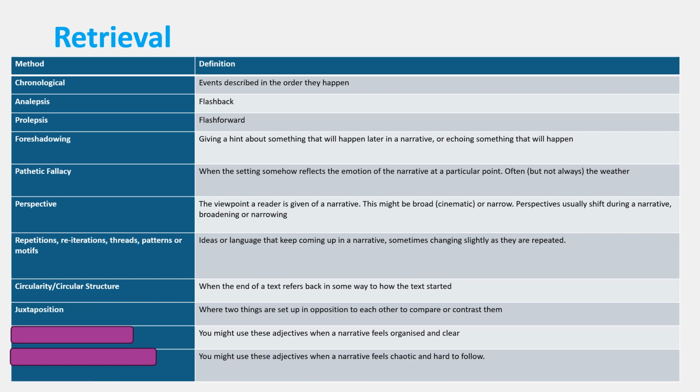Juxtaposition, when two things are set up in opposition to each other. You might, in your coat hanger sentence, have a regular, stable, cohesive, chronological narrative, or it might be irregular, unstable, and fragmented. These are all the kinds of things that you might look at. These are all the types of structural methods that you might reference.